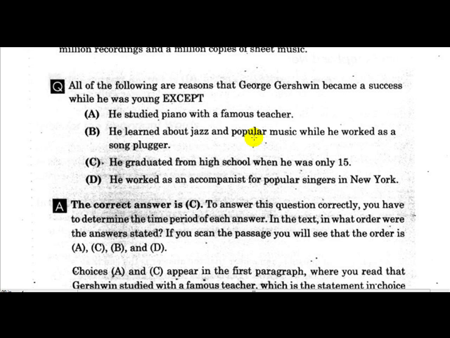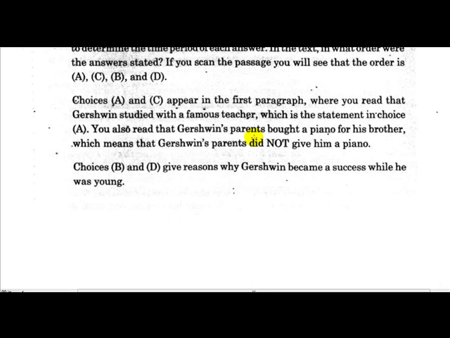If you scan the passage, you will see the order is A, C, B, D. Choices A and C appear in the first paragraph, where you read Gershwin studied with a famous teacher, which is a statement in choice A. You also read that Gershwin's parents bought a piano for his brother, which means that Gershwin's parents did not give him a piano. Choices B and D give reasons why Gershwin became successful while he was young.